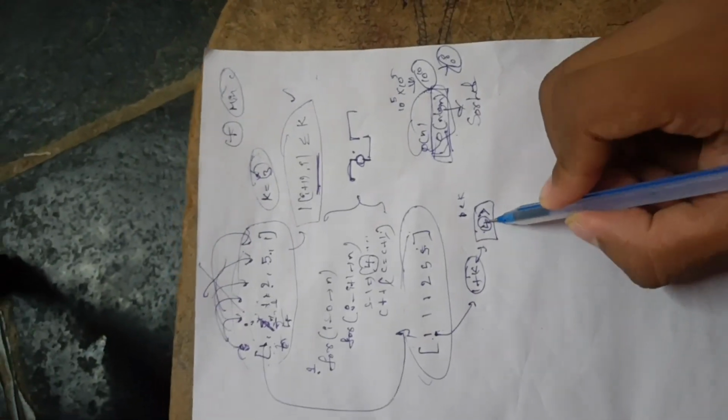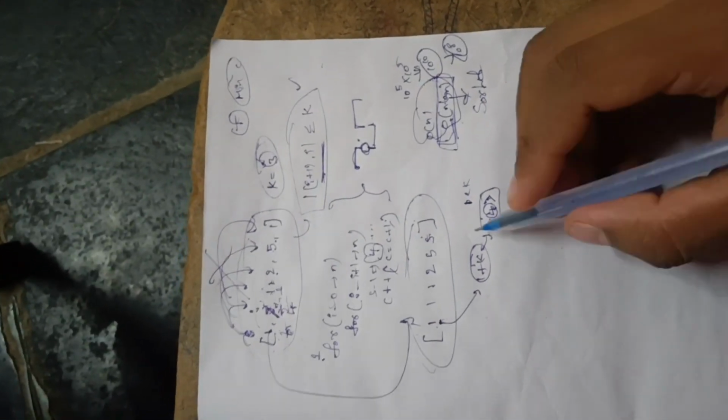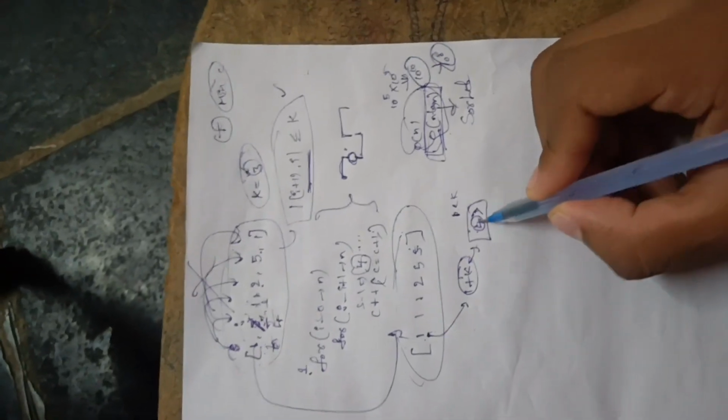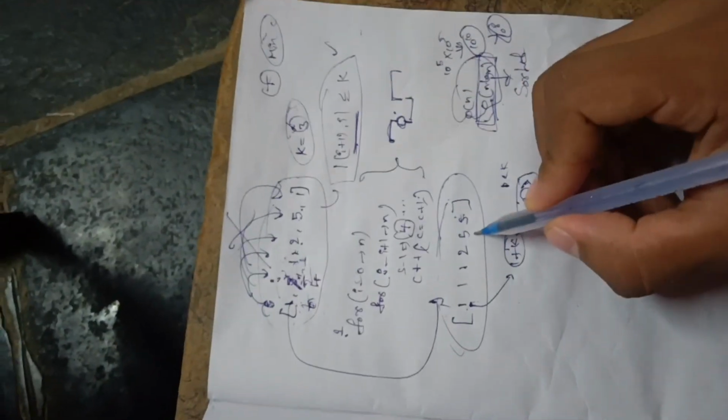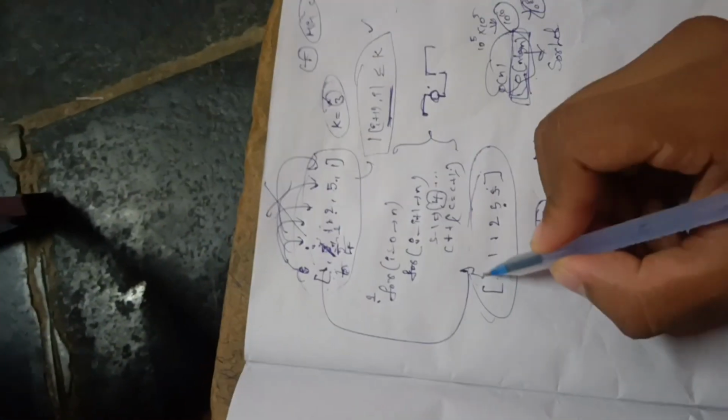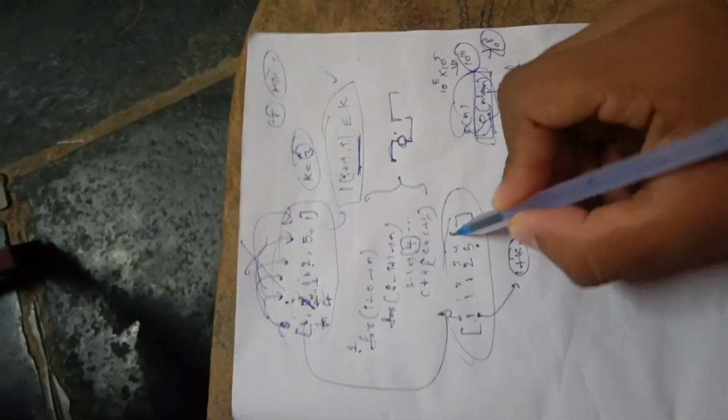Now I have to check at what place I am getting a value greater than 4, which is at this index, the fourth index.